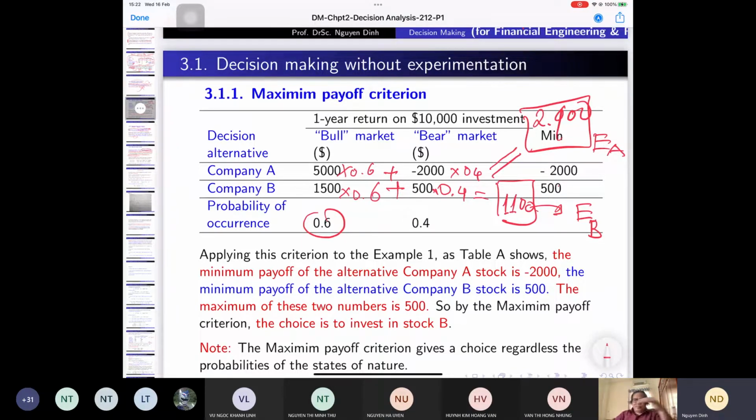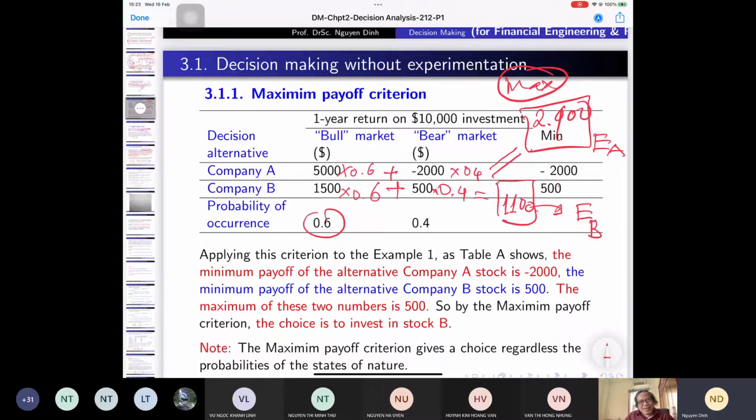So if you take the expectation this way, you see the expectation of company A is 2,900, and company B is 1,100. So which one is bigger? A is bigger. This is the maximum, so if you love expectation and you love probability theory, you should choose this way.